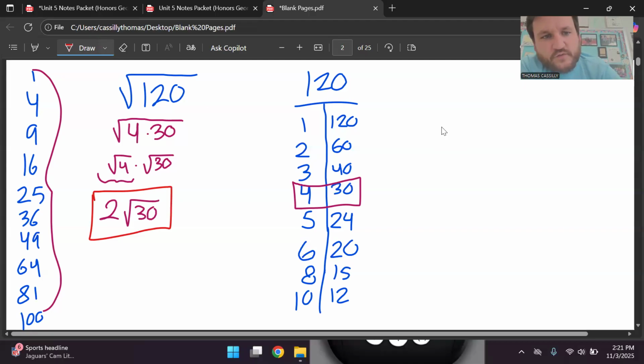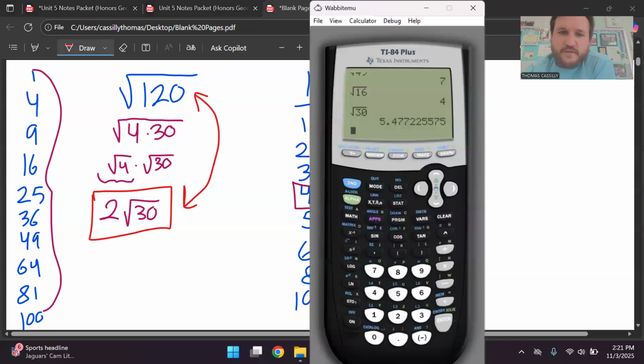So these two numbers are the same thing. If I type the square root of 120 into my calculator, that gives me, I can't remember what it was, 10.95 and a bunch of stuff. If I type in 2 times the square root of 30, notice I will get the same decimal.